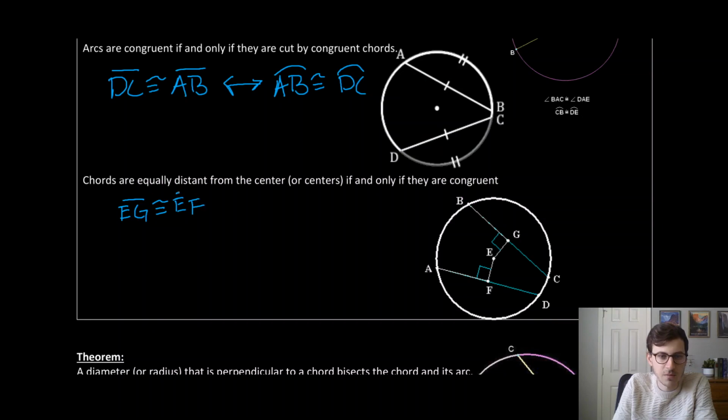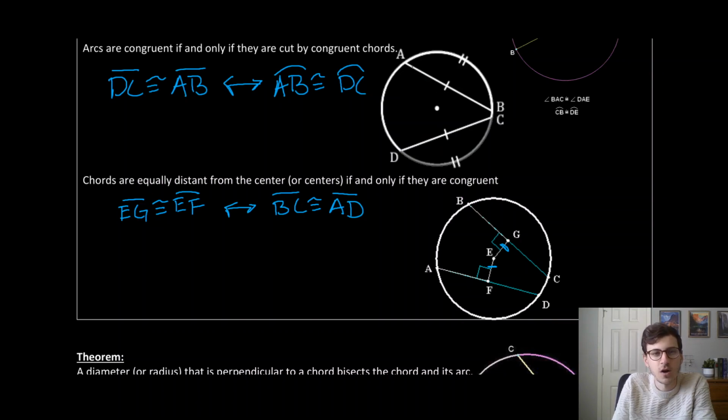Those are the same length. So if that's true, or if BC is congruent to AD, right? If either of those are true, then the other is true. So if these two are equidistant from the center, then they're congruent to each other. If they're congruent to each other, then that means they're equidistant.